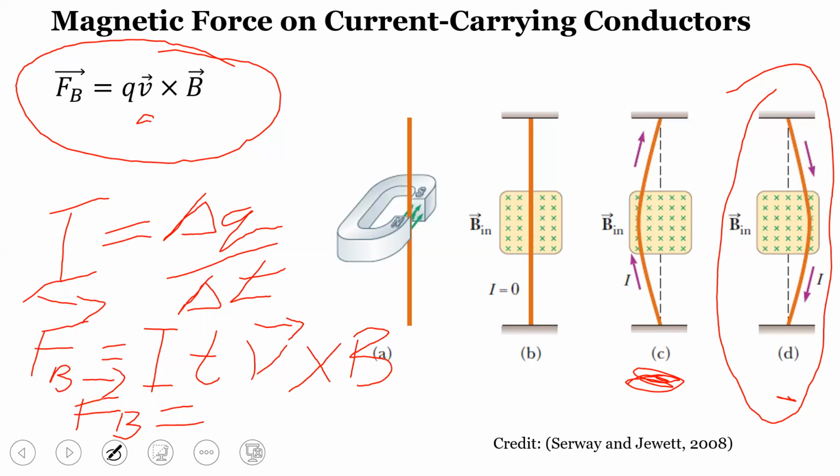So doing that will lead us to saying that instead of saying time and velocity, we can replace it with length component. Length and B. So I think it's convenient to move forward.